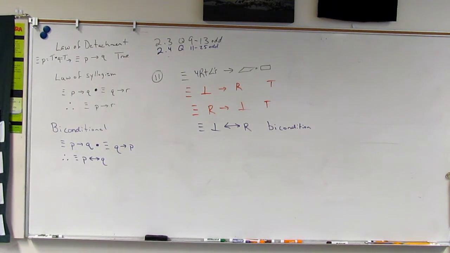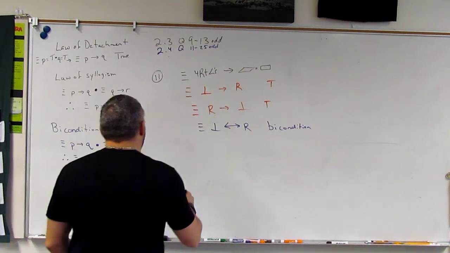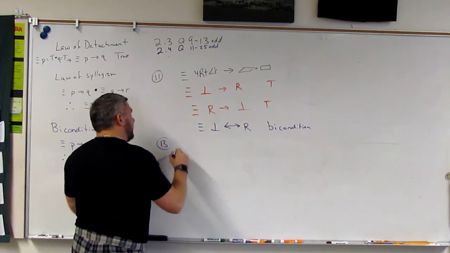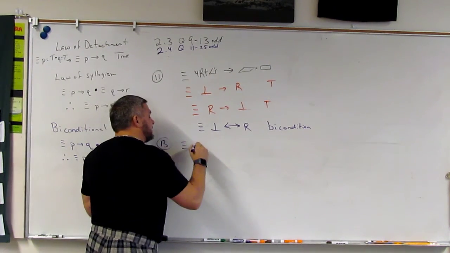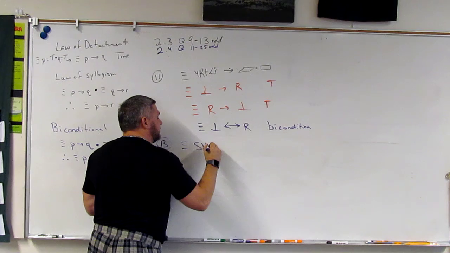Alright, 13. For each conditional statement, write the converse. Write the converse and a biconditional statement. Okay? Basically what we just did. So, if today is Saturday or Sunday, then it's the weekend.